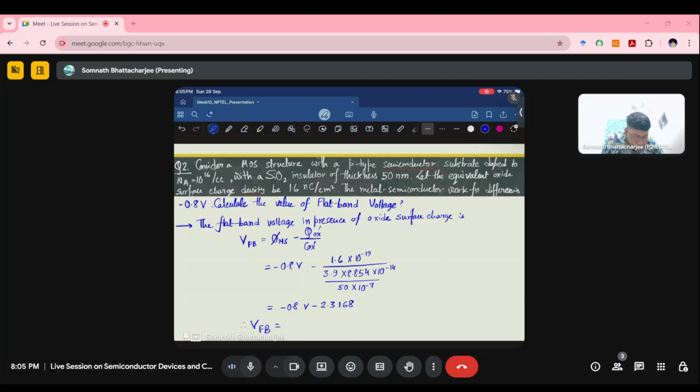So this is nothing but minus 1.03, nearly 1.03. Let's write it like this. Now, what was the problem here was 16 nano, right? What I have written here is 16, and nano is minus like this. So the value is here.